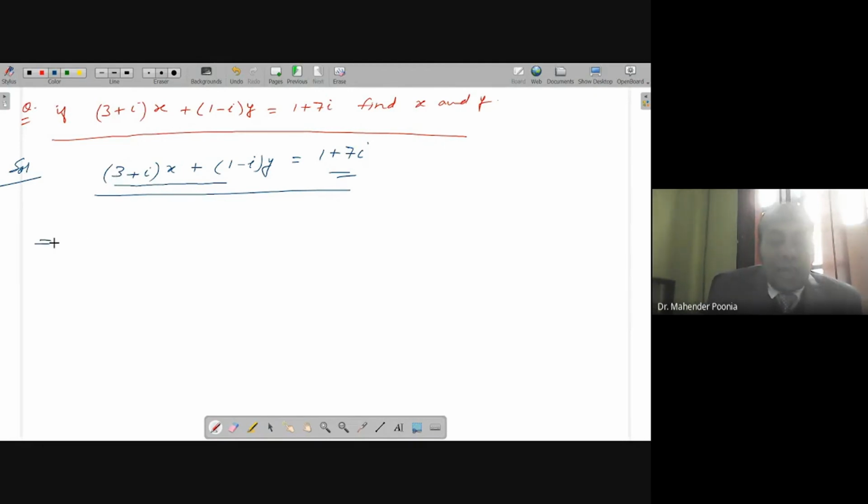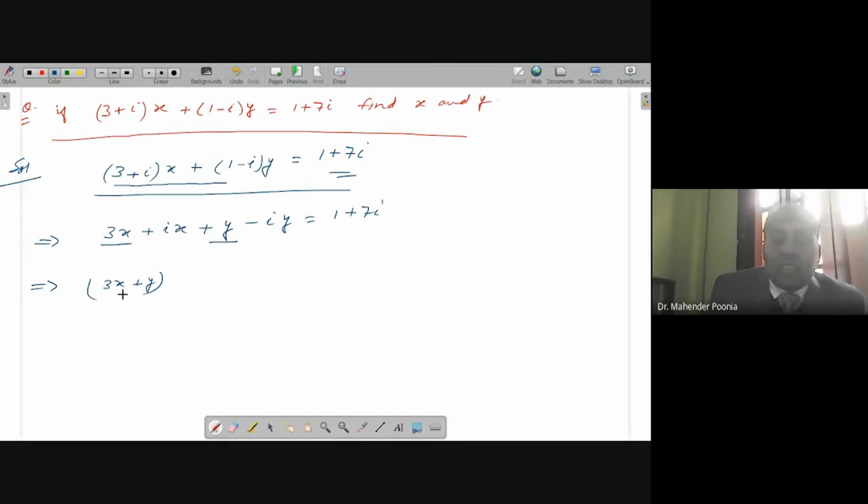So this implies 3 into x plus iota into x plus 1 into y is y minus iota into y is equal to 1 plus 7 iota. This implies 3x plus y. We write together the real part. That means 3x is real, y is also real.